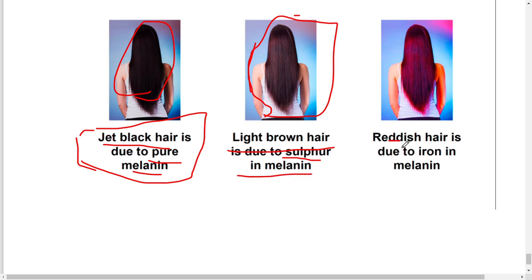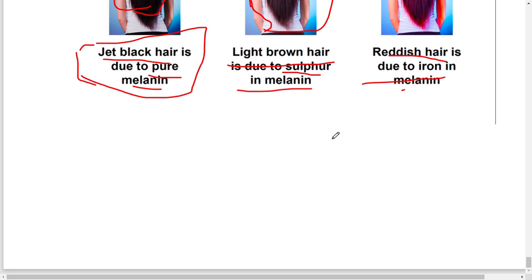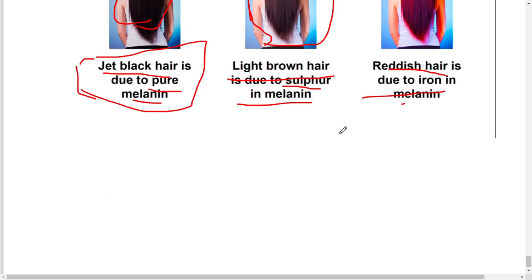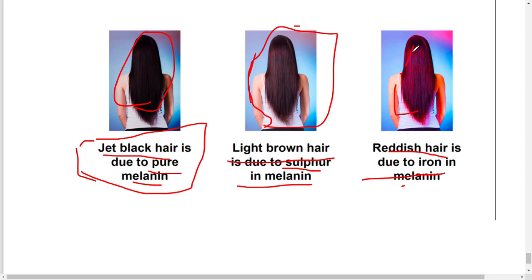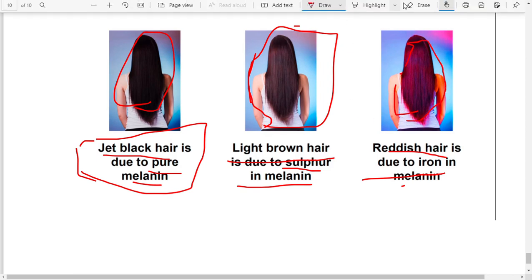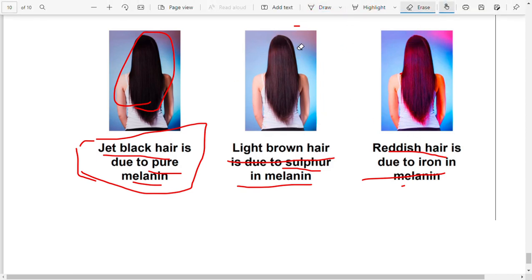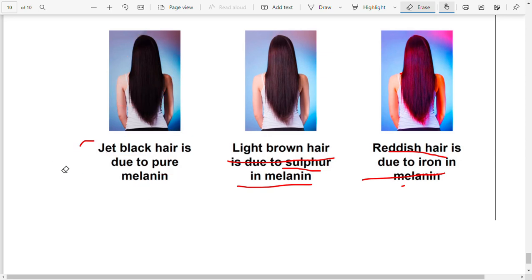Now the reddish hair is due to the iron in the melanin. So due to that we have reddish hair. If you have more iron in the melanin, then you will have reddish hair.